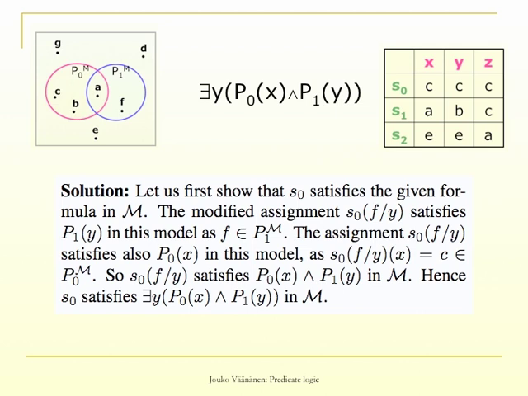Let us look at it a bit more carefully now. Let us first show that S0 satisfies the given formula in M. The modified assignment S0 f/y satisfies P1y in this model, as f is indeed in P1 M. The assignment S0 f/y satisfies also P0x in this model, as the value of x in S0 f/y, namely S0 f/y of x, equals c, which is in P0.